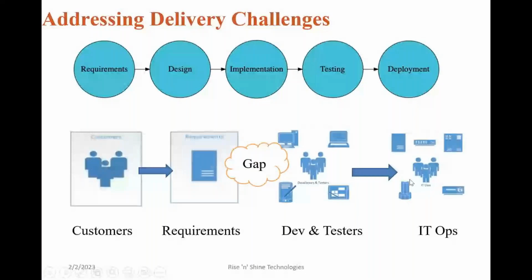But if you have communication gaps between the teams during the release process, that is going to impact the delivery of the project. If the delivery is impacted, then obviously the budget is also impacted. So these are important points we should understand.